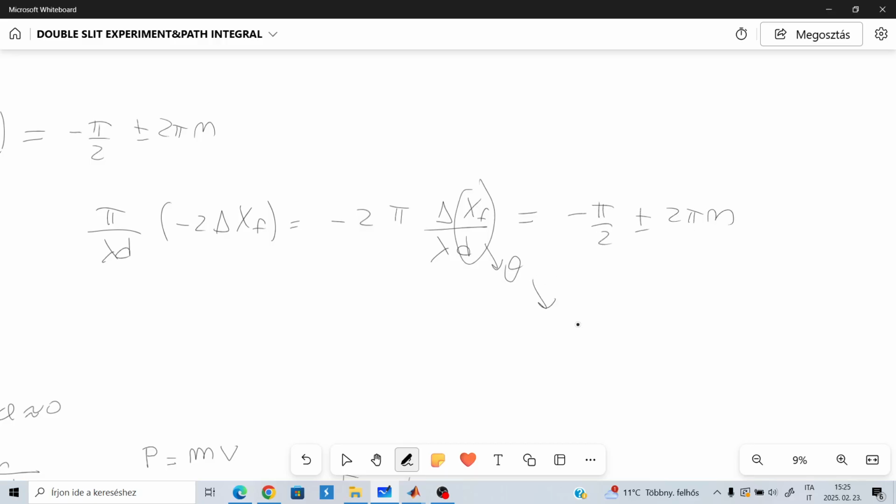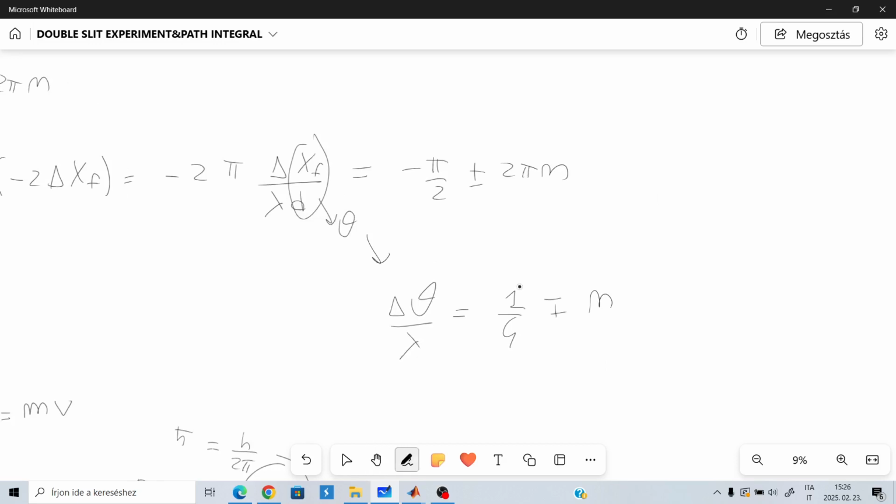And therefore, here, if we divide by minus 2 pi, we get delta theta divided by lambda equal to 1 over 4 plus or minus, this is not really important, n. And we can also multiply by lambda.